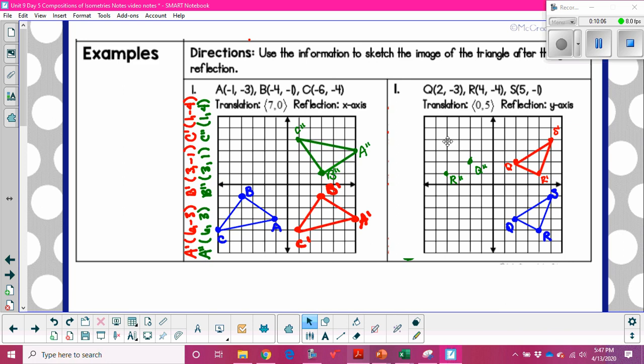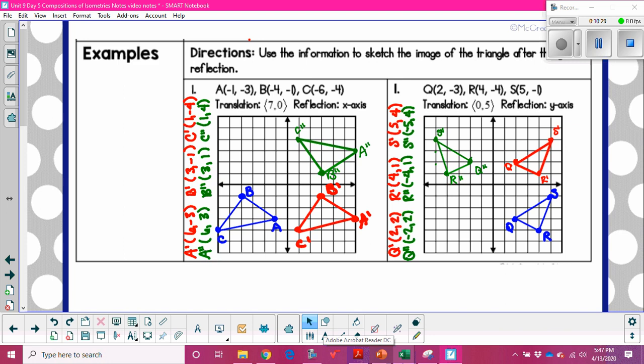S prime is 5 units away, so it'll still be 5 units away, so you're going to be at negative 5, 4. All right, so there's S double prime. So we're just going to connect our dots here. Okay, so there we go. And here are the coordinates that you should have gotten.